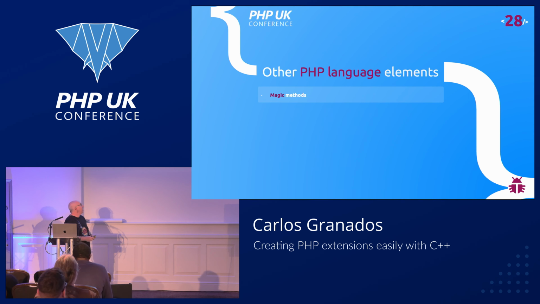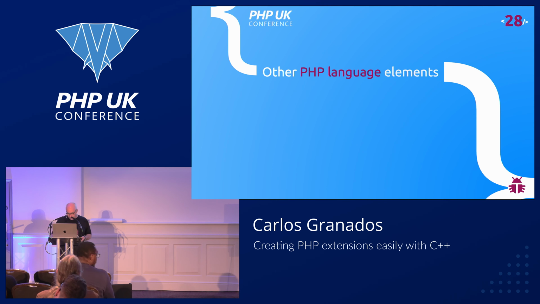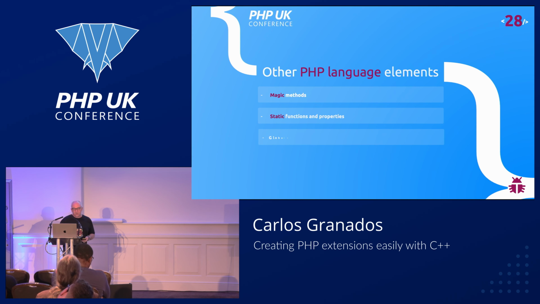It supports magic methods, so things like magic get methods, magic set methods, and any kind of magic methods are provided in your classes that you create. Of course, it supports static functions and properties. There's a way to define them, and they will be available as static functions and properties on this class that you declare.